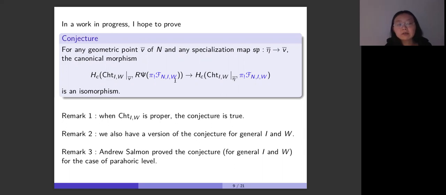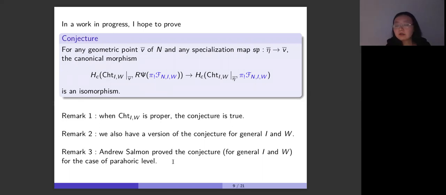We have a version of this conjecture for general I and W, a little more complicated to state, so I didn't write it down. And recently there is a PhD student, Andrew Salmon, who proved this conjecture for the case of parahoric level. His paper is already on arXiv. So that's about the level.